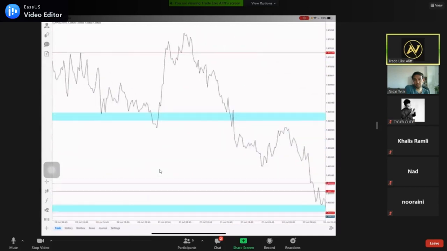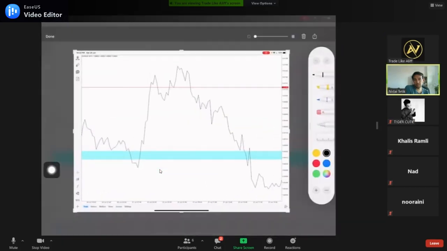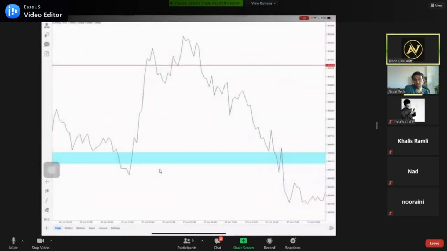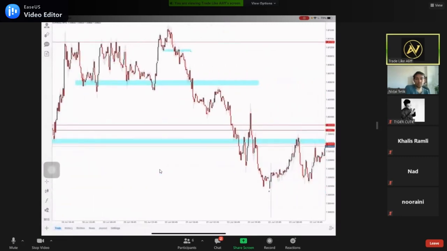Price hit. Wait for another entry. Just wait for the support to break out. Understand?